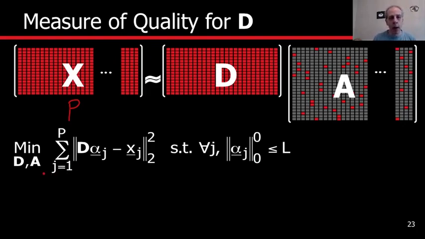Now, let me just make one comment. I'm going to describe how to do that when we already have p signals and we are going to learn the dictionary. Now, as the number of signals increases, we can do a similar type of learning that I'm going to show you next, online. Online means that we are basically going to learn and adapt the dictionary as the images are coming.